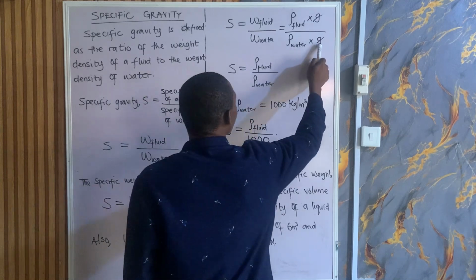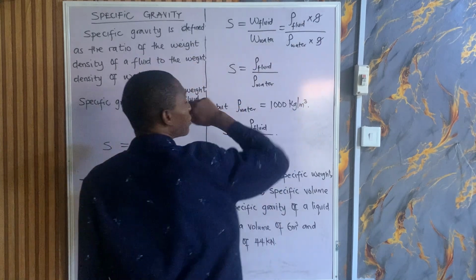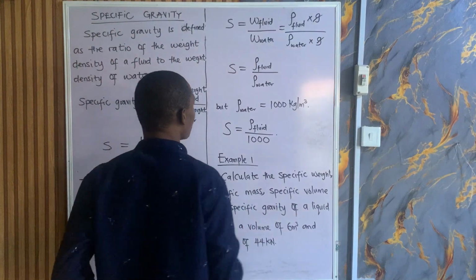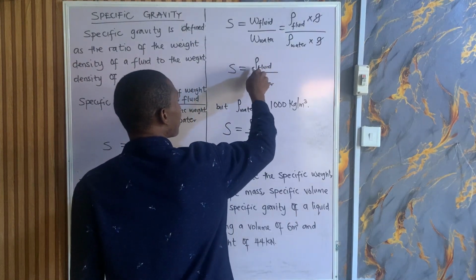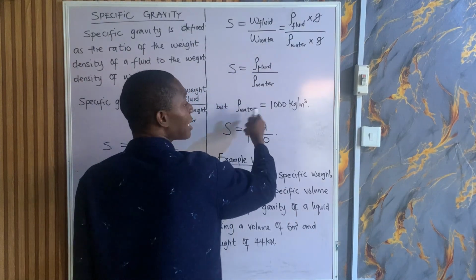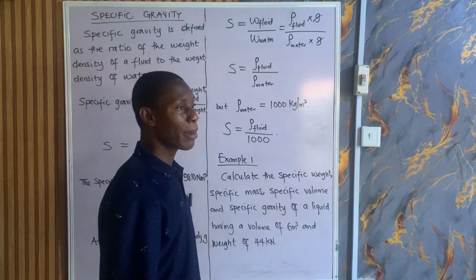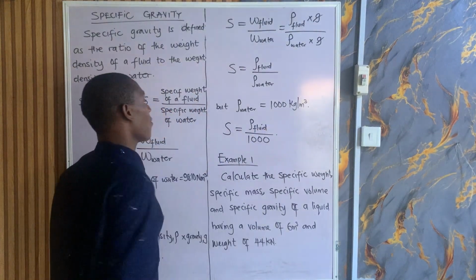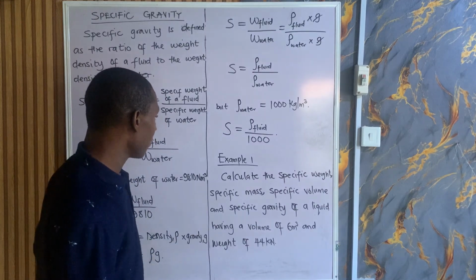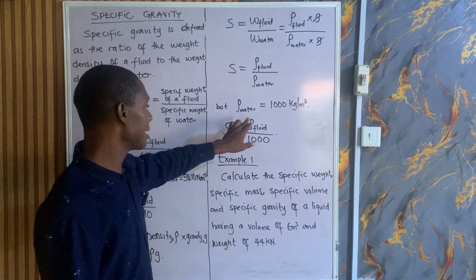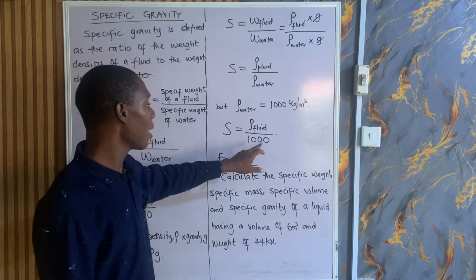Now, if we eliminate g, because g is constant, 9.81, we'll be left with density of fluid over density of water. The density of water is constant. That's 1,000 kilogram per meter cube. Now, we can therefore say also that specific gravity is density of fluid over 1000.